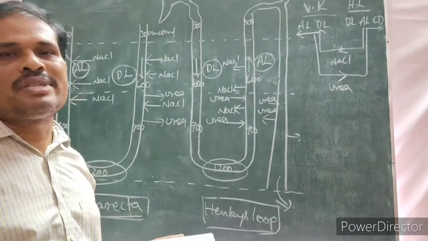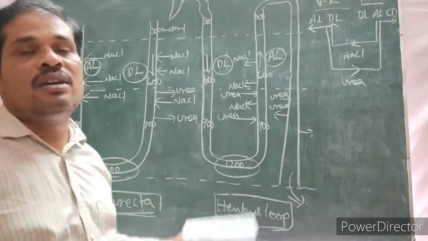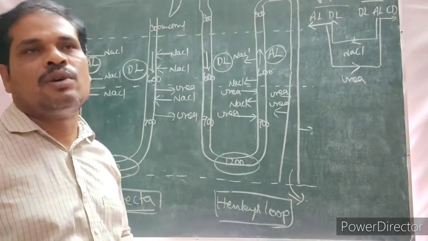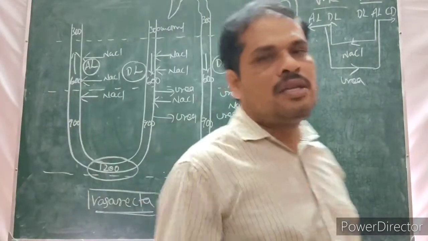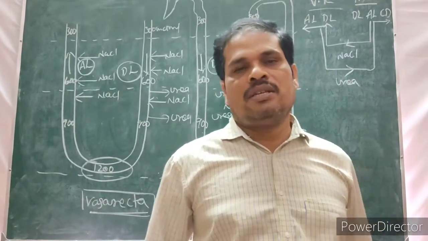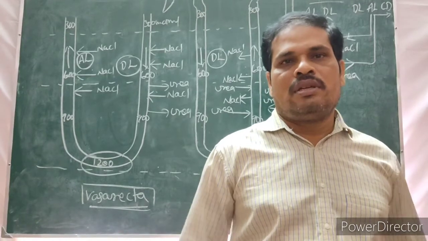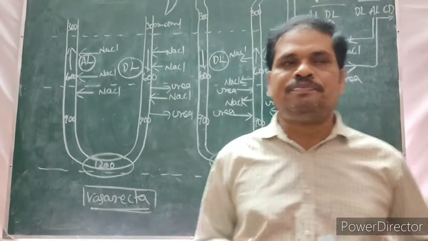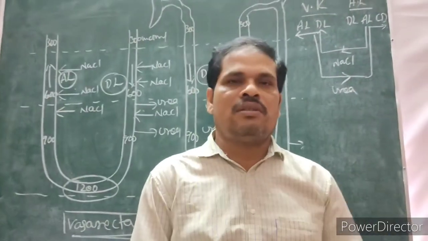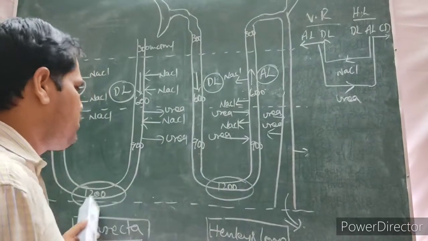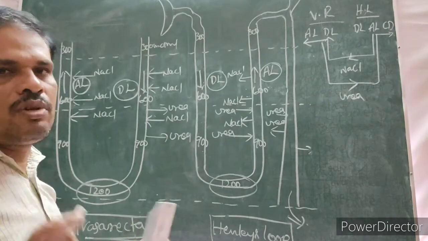These two substances are exchanged between the nephron and vasa recta. That is what we call countercurrent movements. With the help of this, the concentration of urine is increased. That is the mechanism of urine formation. It is continuously done until the constant value is reached; whenever it is reached, it can be stopped.